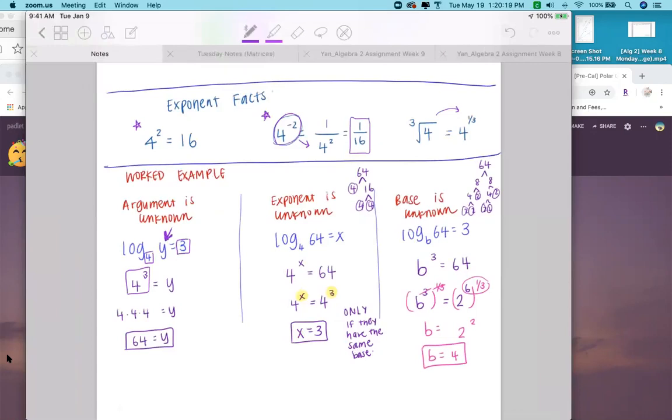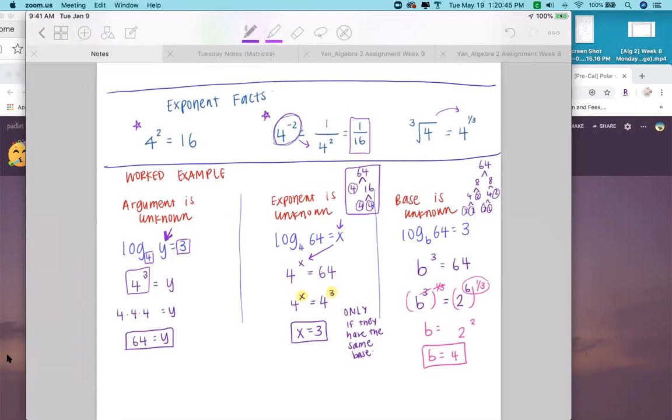Okay, the middle one, now this outside number, the exponent, is unknown. So usually we put our exponents right here, right? So 4 to the x power equals 64. How do we solve for x right there? 4 to the x power, 64, I broke it down.